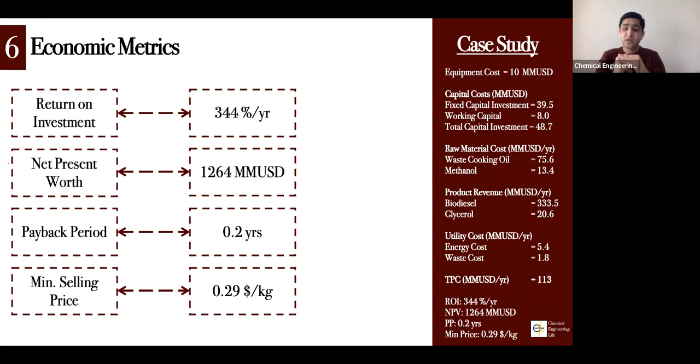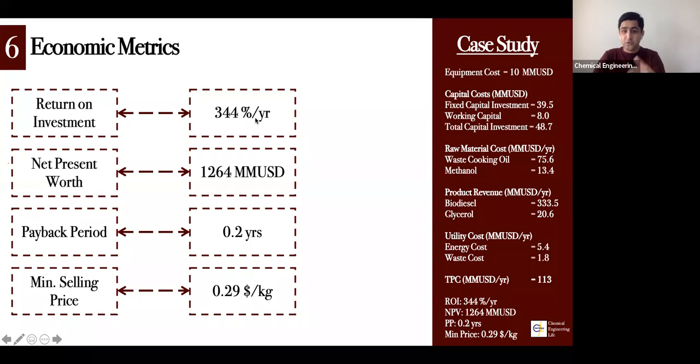My investment was only $50 million. So you can already see, compared to that, it is 300%. Our profits were 300% more than my investment. That is what this number means. And this is an average number. So annually, for 20 years, my profits were 344% of my capital investment.